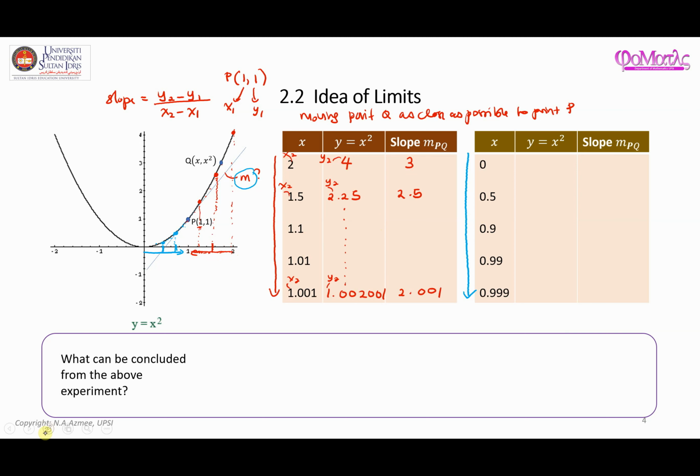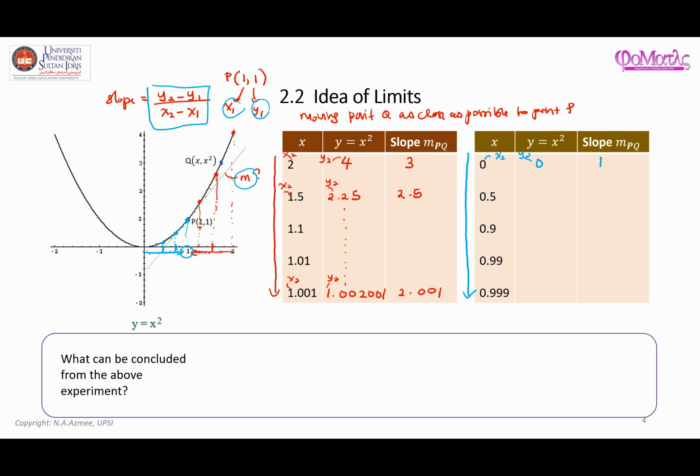Now let's look at the next table, where x approaches 1, this point here, which corresponds to this point P. So let's look at this table when x approaches 1 from the left direction. When x is 0, y is equal to 0. So this is the value of x2 and y2. Again, plug in these values into this formula here, and you'll see that the slope is going to be equal to 1.